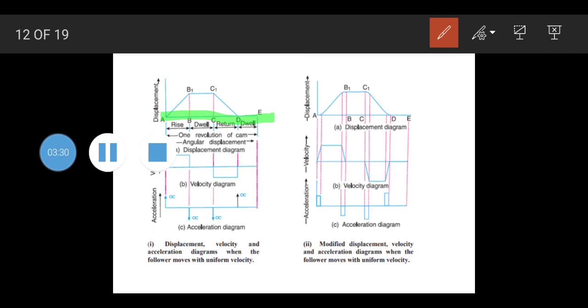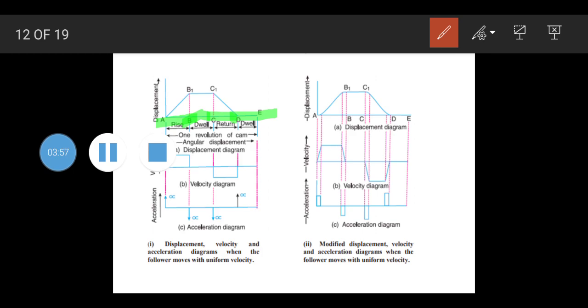So we will divide this whole line corresponding to the outstroke and return stroke, based on whatever the angle of outstroke and return stroke is. That means here we will divide AB for the rise, BC for the dwell, CD for the dwell, and DE also for the dwell.